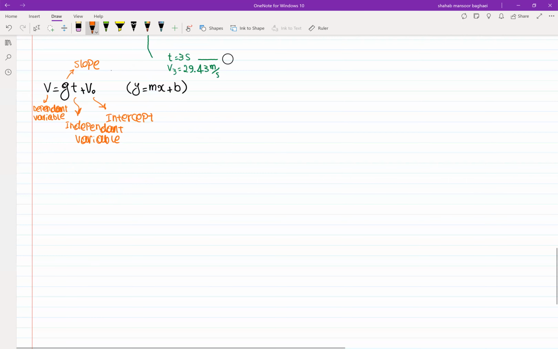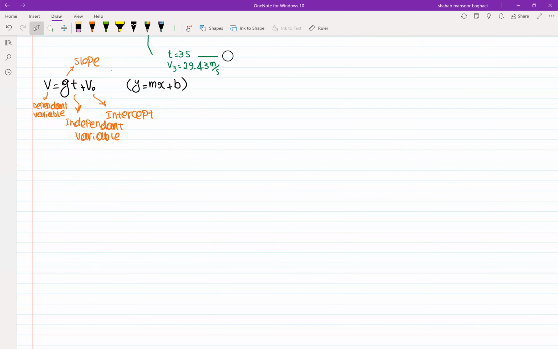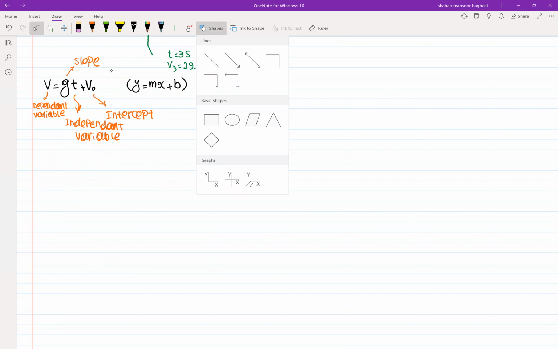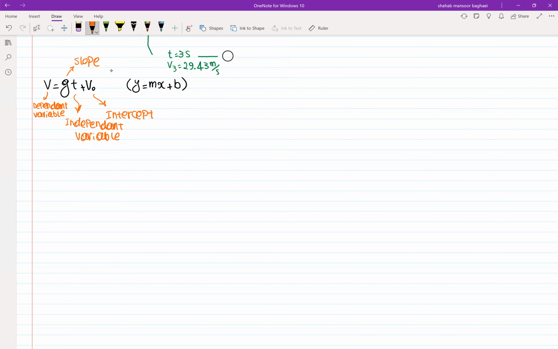Okay. Consequently, here, if I want to plot it on the coordinate, I can plot it like this. And that's a line.